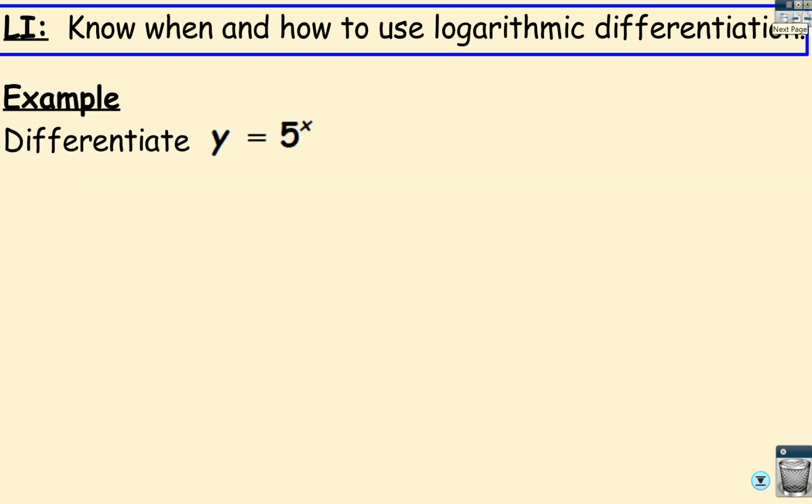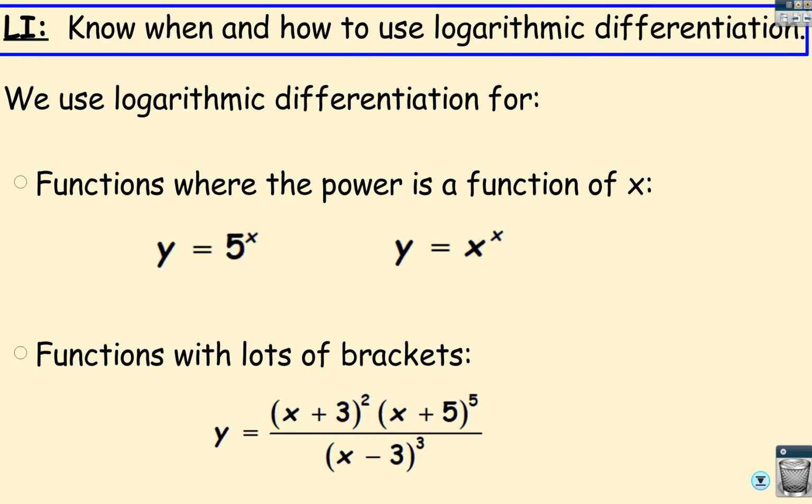So here's the first one you saw there, which was 5 to the power of x. Let's take a look at its derivative. Now, the first thing to do is to take the logs of both sides.